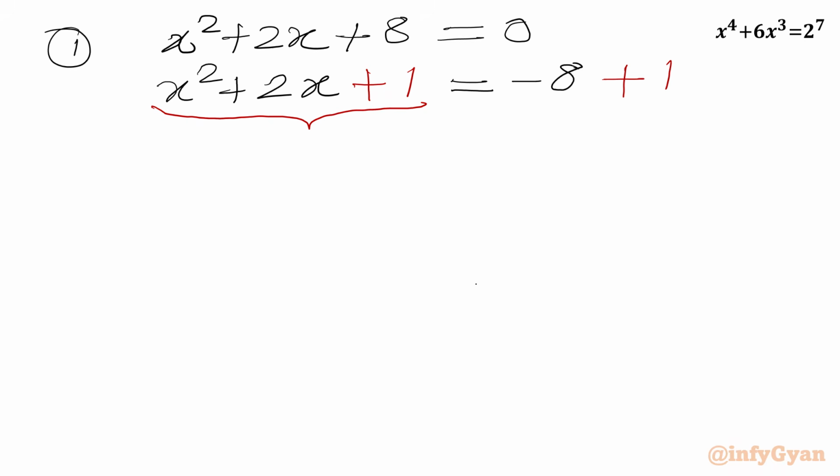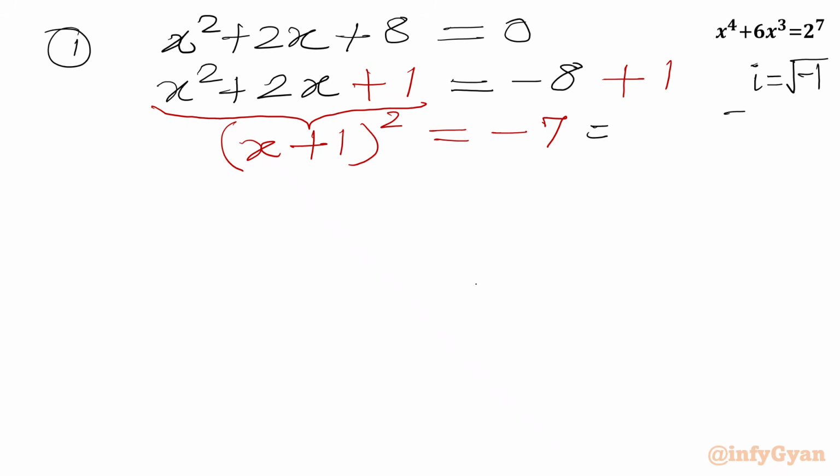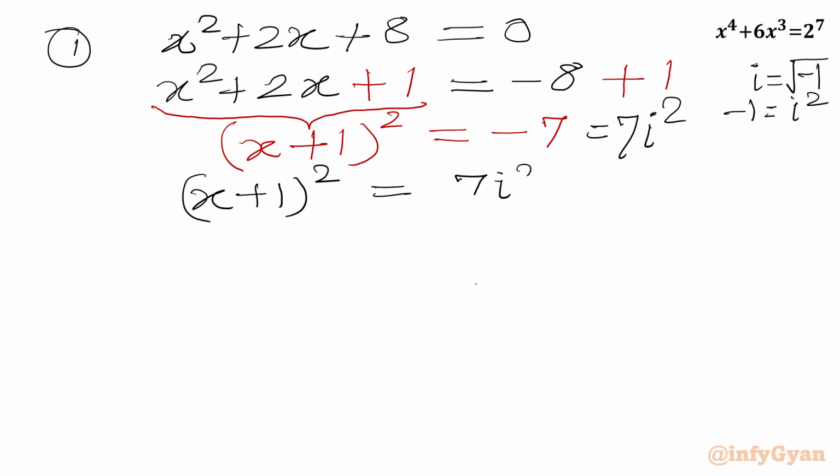Now the LHS will be one perfect square of x plus 1, and the RHS is minus 7. A square is negative. We are going to get complex solutions. Now we know that i is equal to the square root of minus 1. So in place of minus 1, the value will be i square. So I can write 7i square. I will write here x plus 1 whole square equal to 7i square.